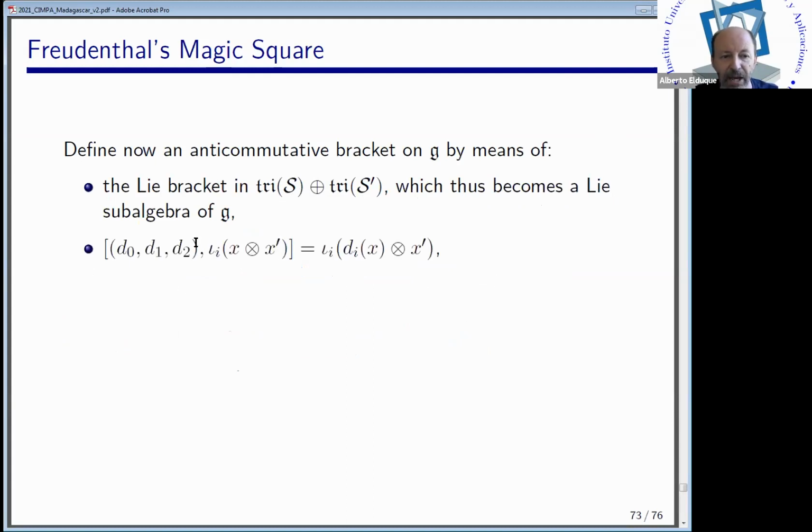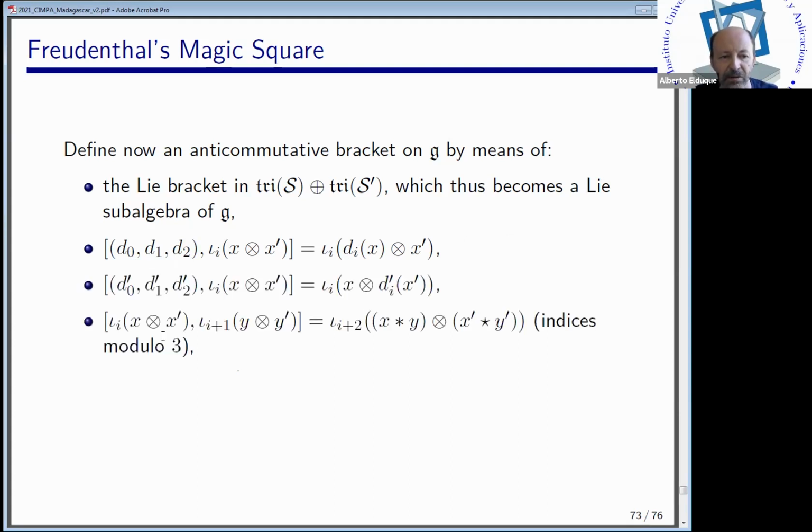Now, the action of any related triple on an element of this form, if we have the index 1 here, it is the one that applies. So the corresponding term in the triple is the one that applies. Same in the second component. And then we have to define the brackets. If we want to define the bracket of iota 1 with iota 2, then it goes to iota 3.